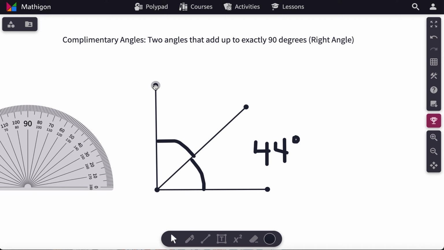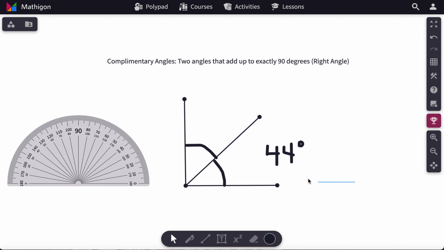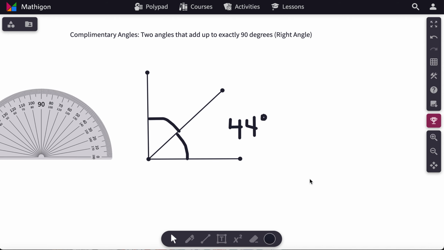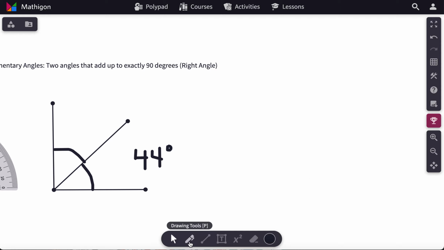So we already measured and we saw that this right here is a 90-degree angle. And we measured this first one and it told us that it's 44 degrees. So I'm just going to write an algebraic equation over here. And this is going to be how we're going to kind of solve these moving forward. So we have one angle that we know is 44 degrees, which we have written right here.